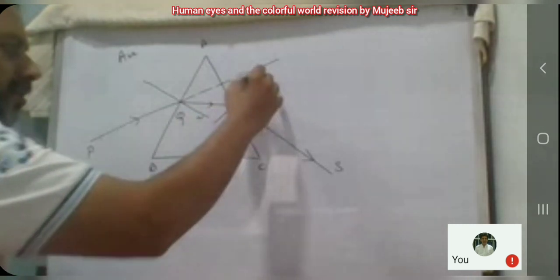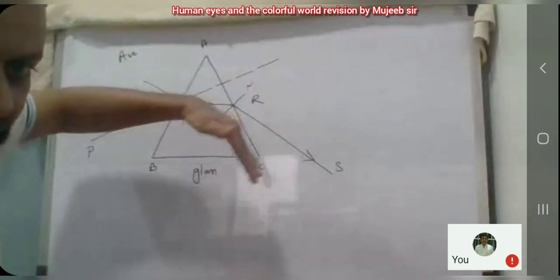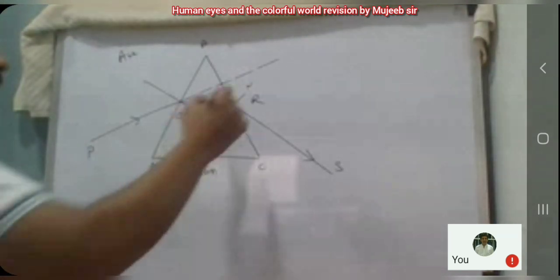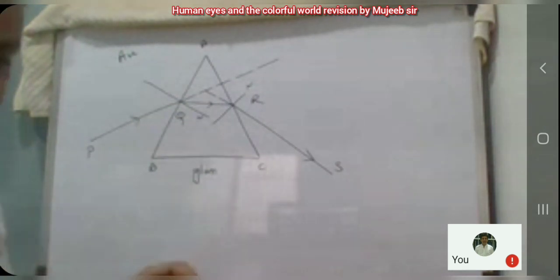At the second surface, denser to rarer medium, so it will go away from the normal. This is another normal over here, and so instead of going in this direction, it is bending once again. So in this way, when a ray of light passes through the prism, it bends twice, and both the times it bends towards the base of the prism.